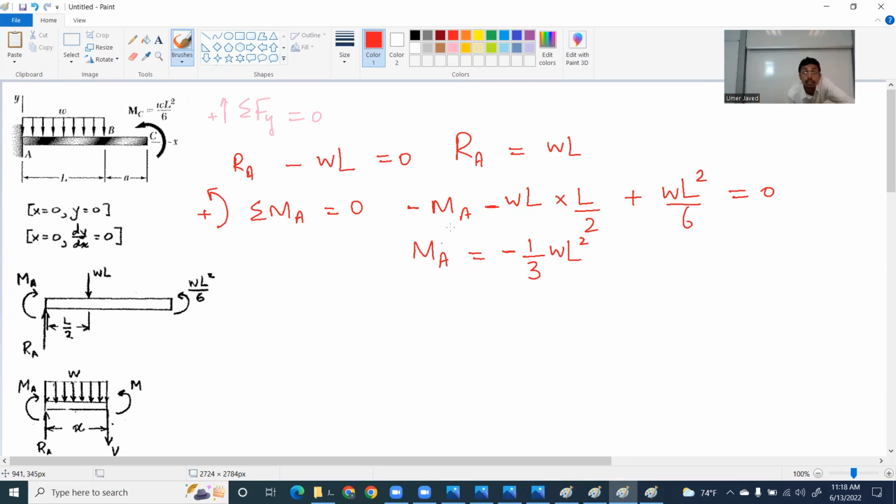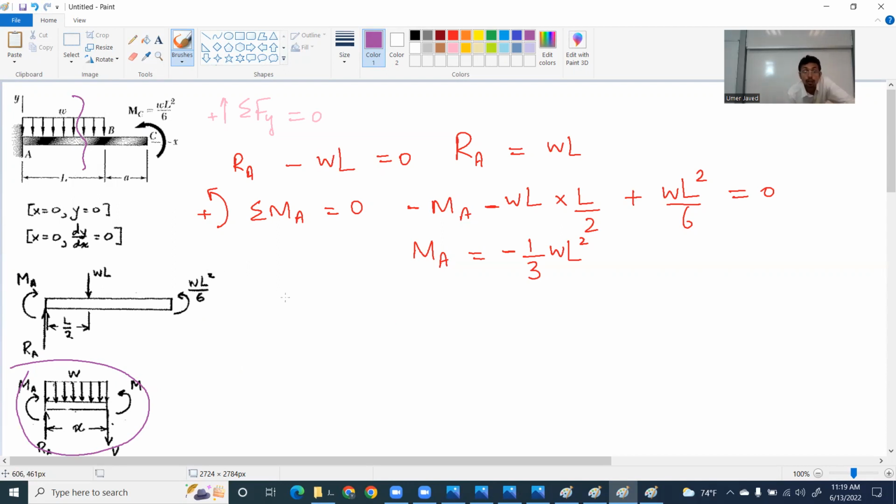Now, the next step of the puzzle is that you just try to make a cut. So where would you make your cut? You can make your cut here, right? When you are making that cut, you will focus here. So let's make a cut and focus on the second diagram.